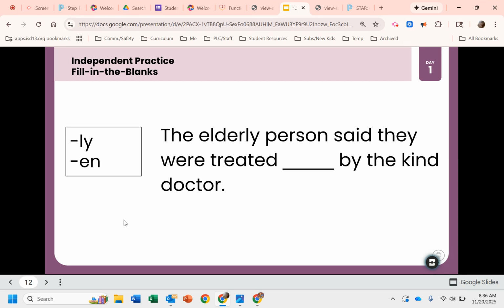If it's answering how, it's going to end in ly. The word they gave us is nicely. Nicely contains the root nice that comes from the Latin word nescius, meaning ignorant or foolish, which evolved to mean pleasant or agreeable. So that's a word that's changed over time.